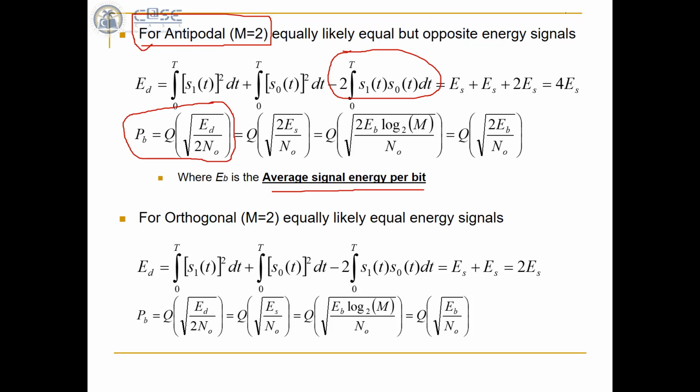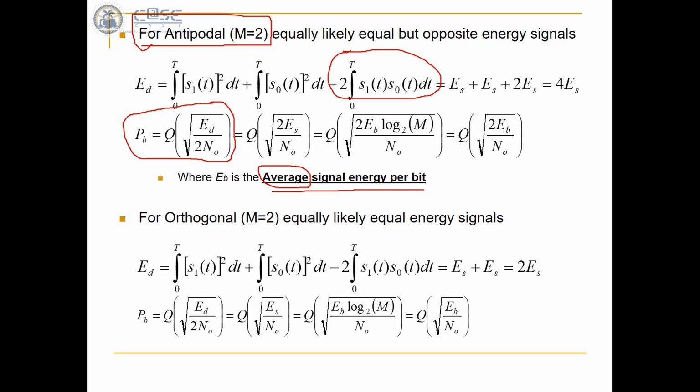Since it's a binary scenario, we can only have 1 bit per symbol. So in our example, ES is basically equivalent to EB. But here EB is the average signal energy per bit. Don't forget about that, it's the average, how much energy on the average is there per bit, right?